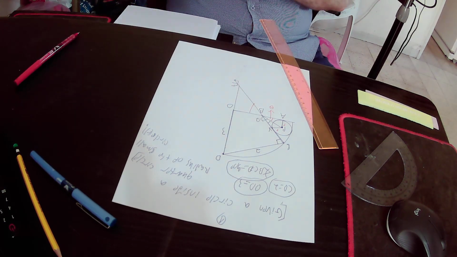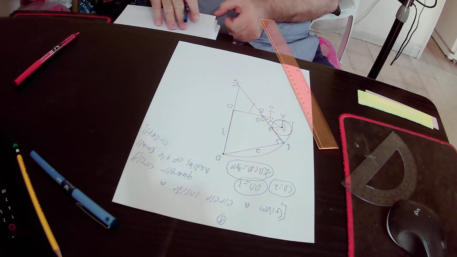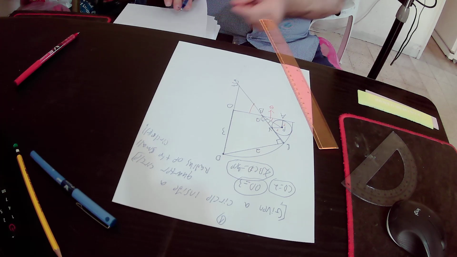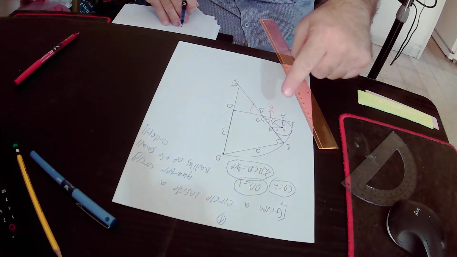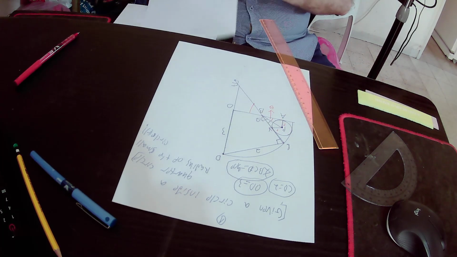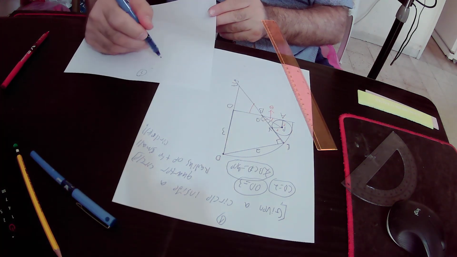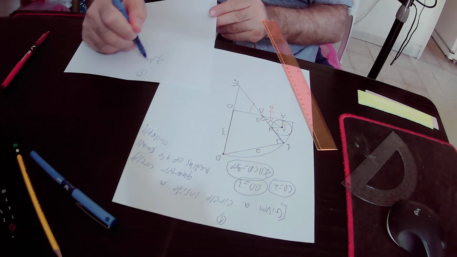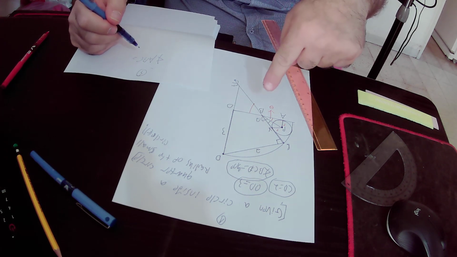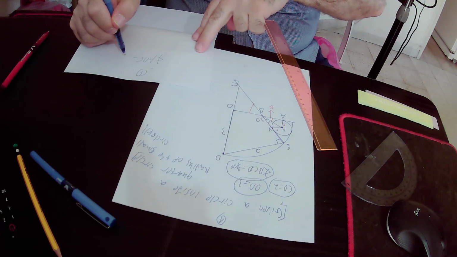Okay, so vertex angle ABC is equal to vertex angle EBO.